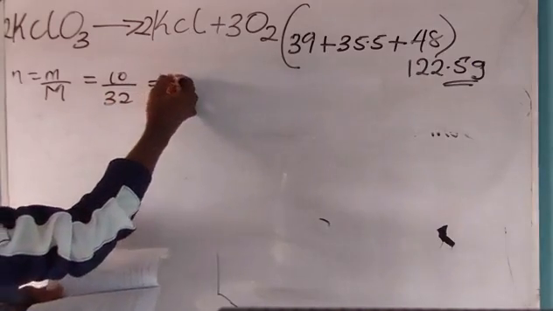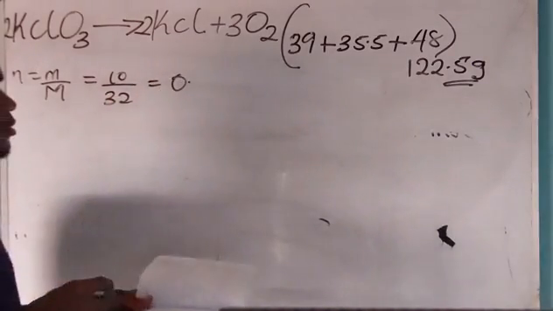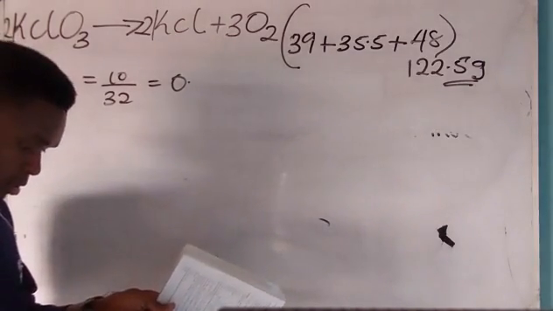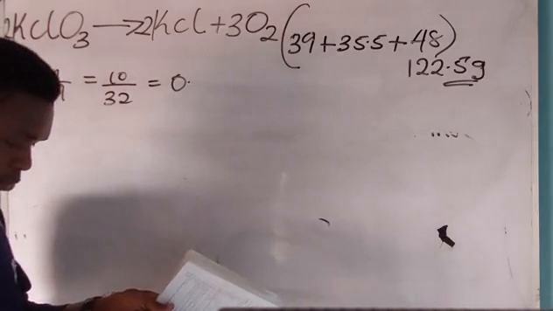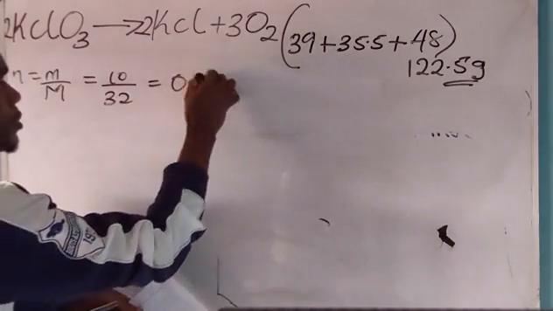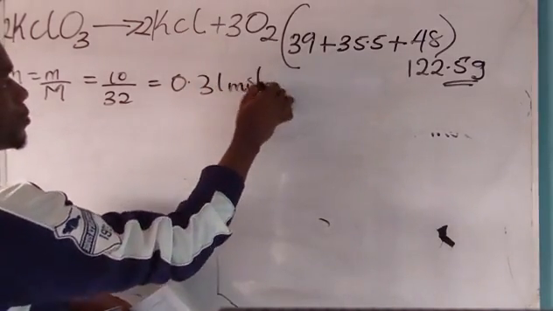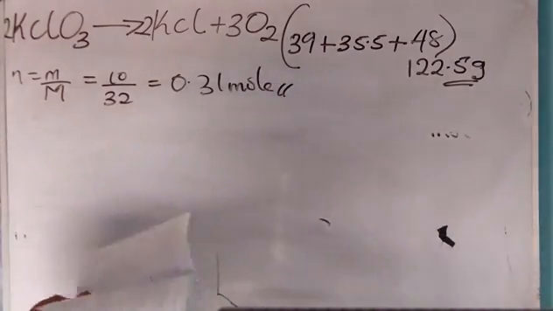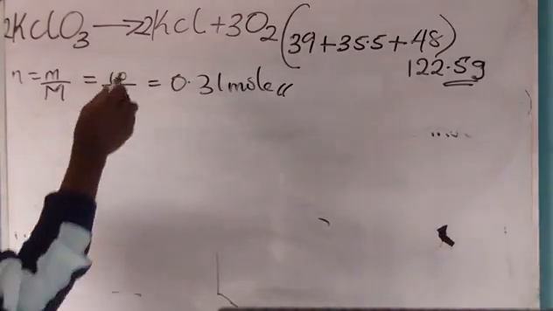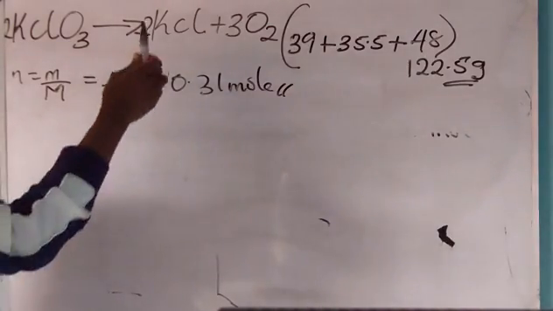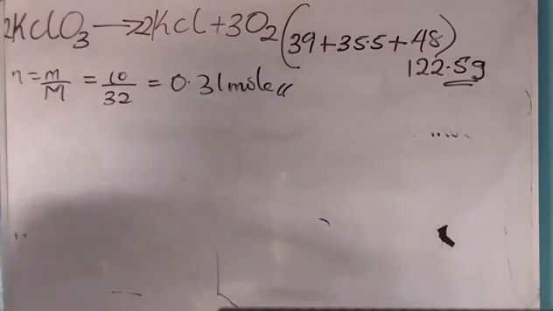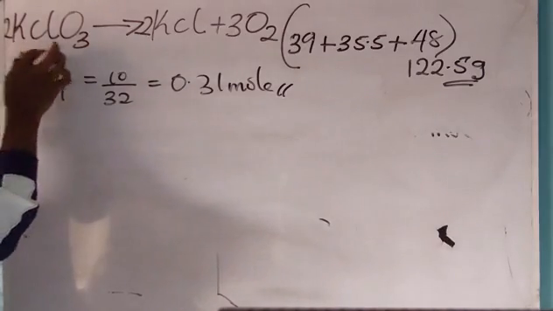I think we had 0.31, right? 10 divided by 32 equals 0.31 mole. Good. I just went through the question again, which means the first approach was wrong. So they said, how many grams of this will produce 10 grams of oxygen? Alright, so which means that we've got no business to do with this.